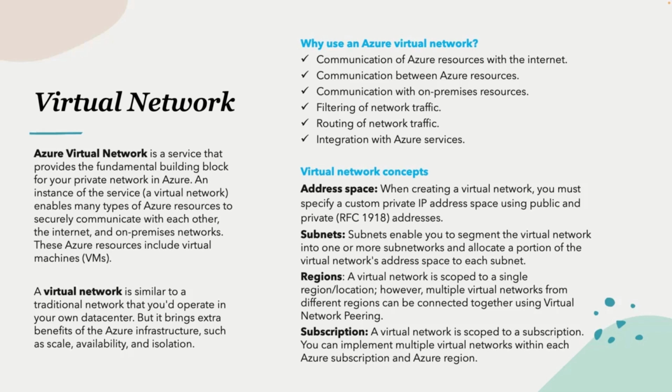The subnets are also a very critical part of our virtual networks. Our subnets enable us to segment the virtual network into a group of subnetworks. This is done by allocating a portion of our virtual network's address space to each subnet that we have within that virtual network.